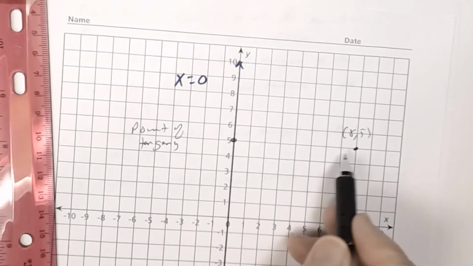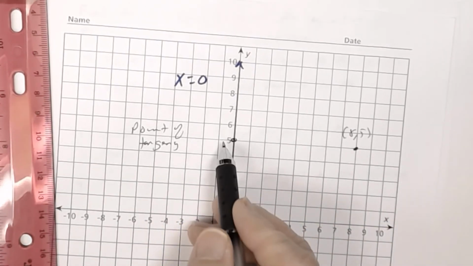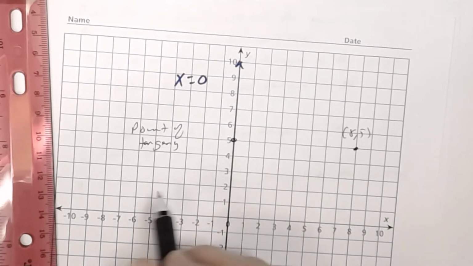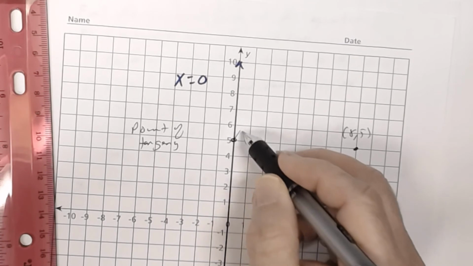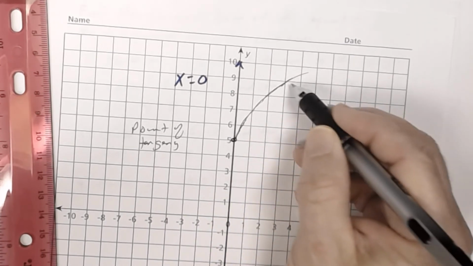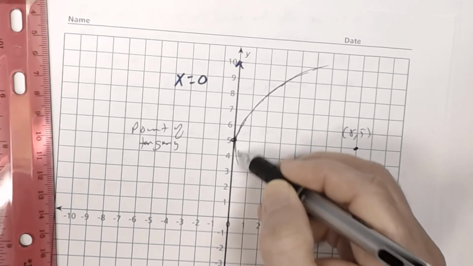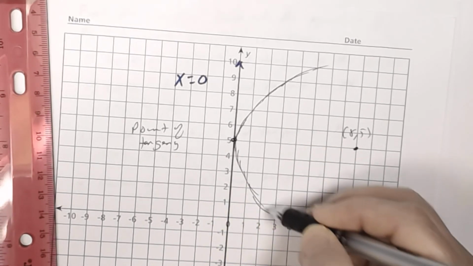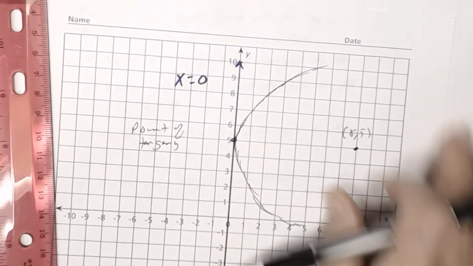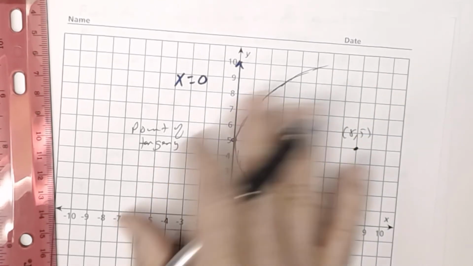Just go straight across, right? Just go to the right, to the left. Okay, so there's your point of tangency. So that means that my graph, my circle rather, is going to look something like this. I'm not doing a very good job drawing that circle. I'm not even going to finish this, but that's the idea that we need here.